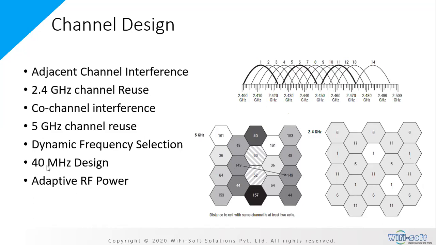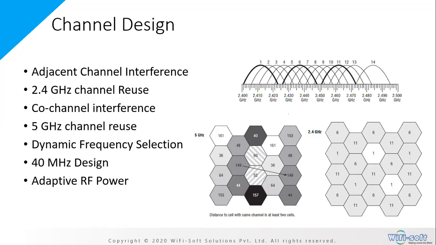Then whenever you require more throughput, you should go with a 40 megahertz design. As I told you earlier in my presentation, 40 megahertz is available to you when you are using a dual band access point, but you need to understand what applications you want, because the number of channels available to you in 40 megahertz will reduce. So a lot of interference will get introduced when you start using a 40 megahertz channel.